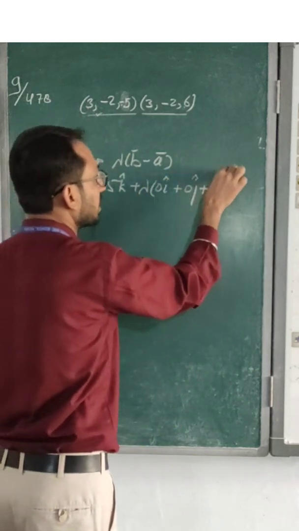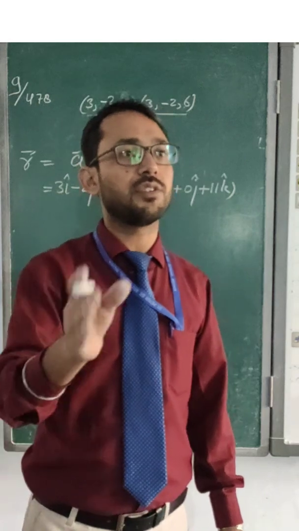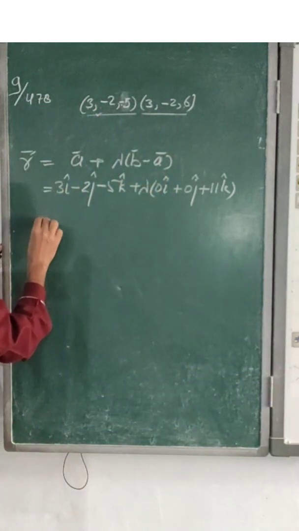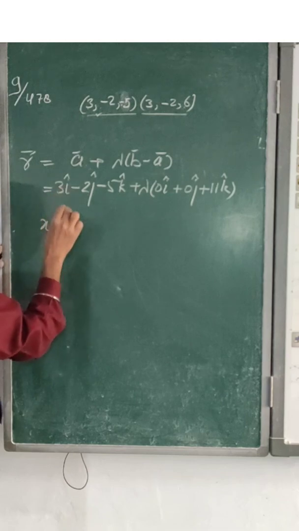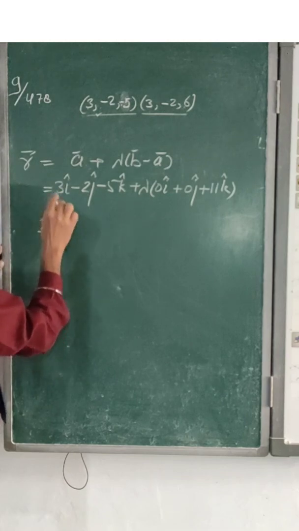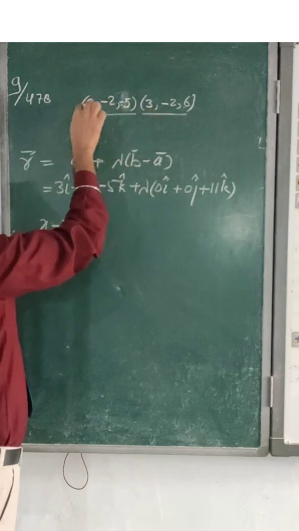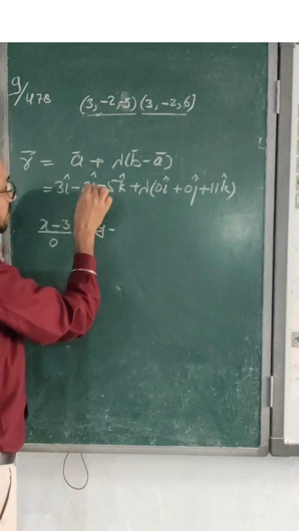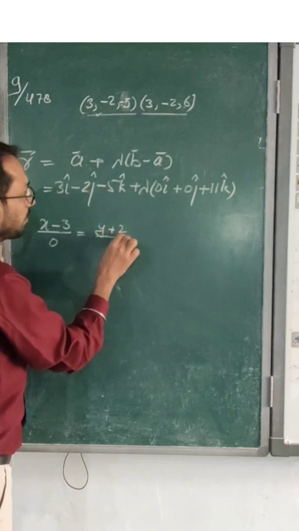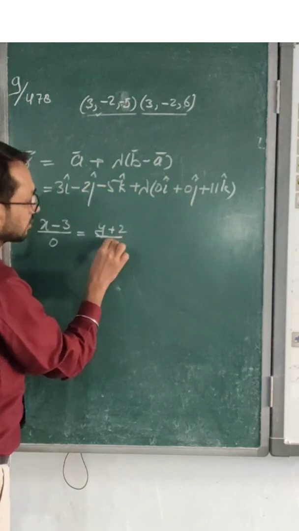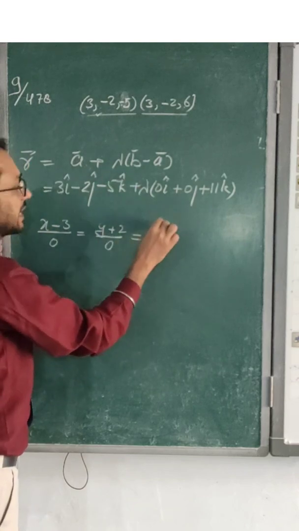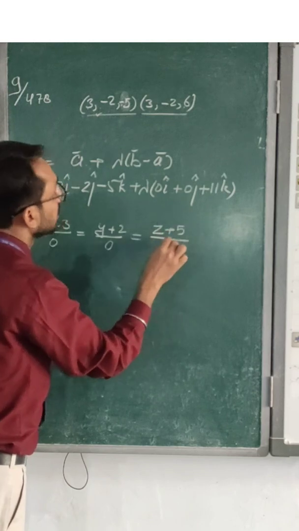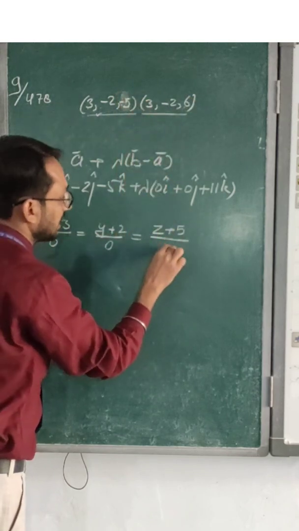Now we need to go for the Cartesian equation of the line. So for the Cartesian equation, it will become (x minus x1) upon a, where a is x2 minus x1, that is 0, equals (y minus y1), that is y plus 2, upon y2 minus y1, that also becomes 0, equals (z minus z1), it is already negative, so minus minus plus, 6 minus minus 5, that is 11.